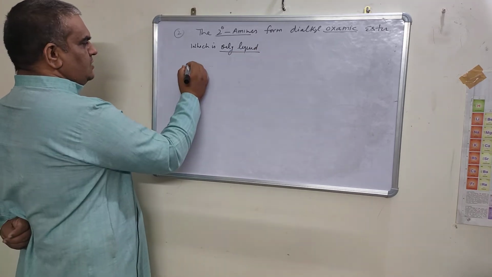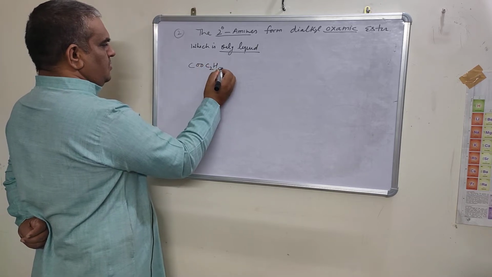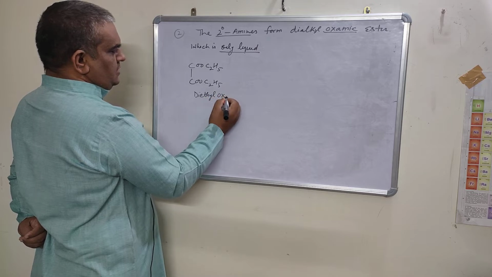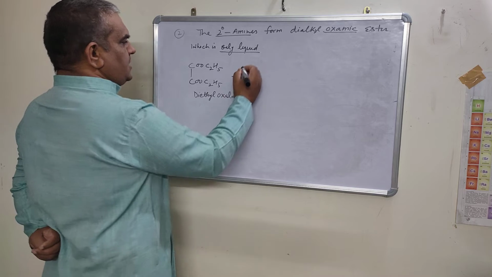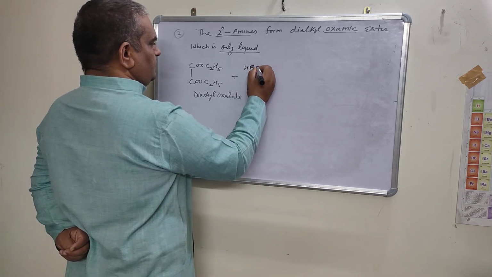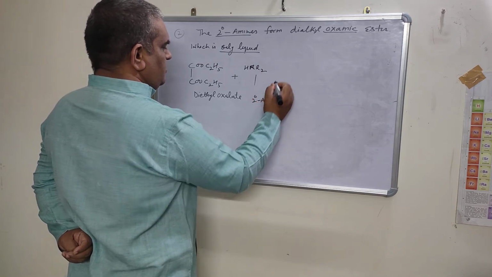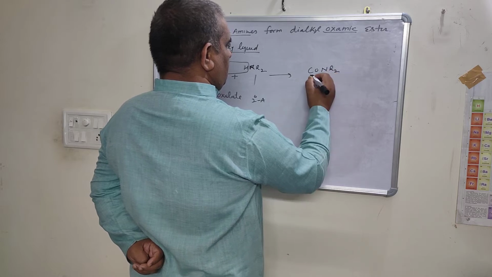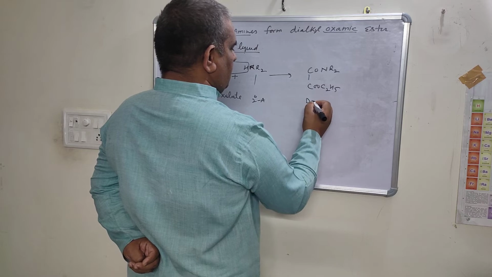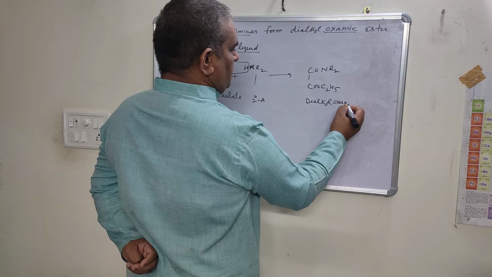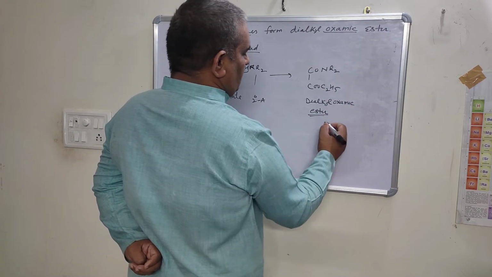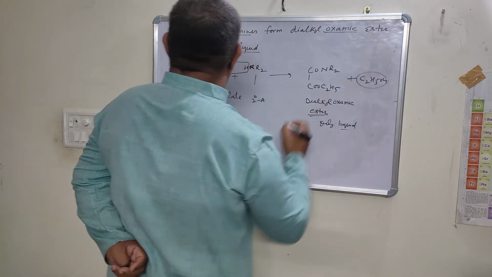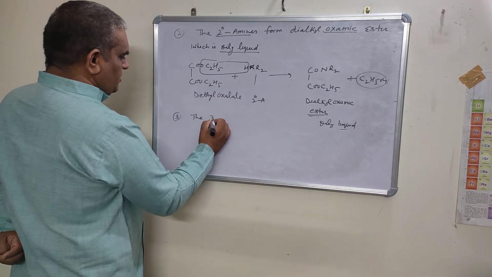The diethyl oxalate reacts with 1 mole of secondary amine. This releases 1 mole of alcohol and forms this dialkyl oxamic ester, which is an oily liquid, and 1 mole of ethyl alcohol.